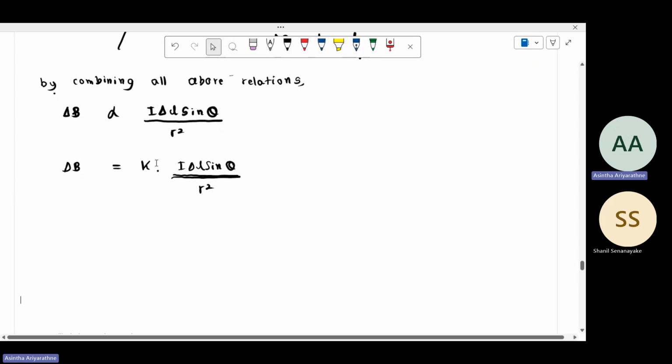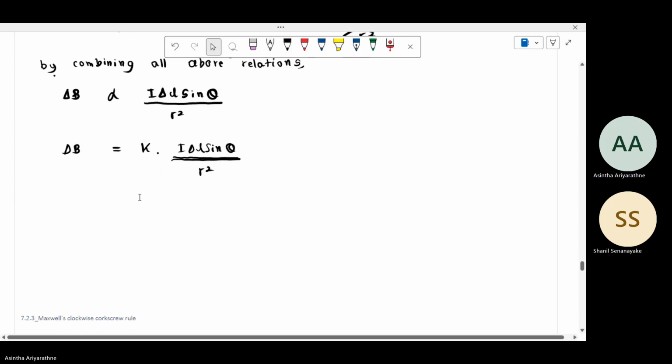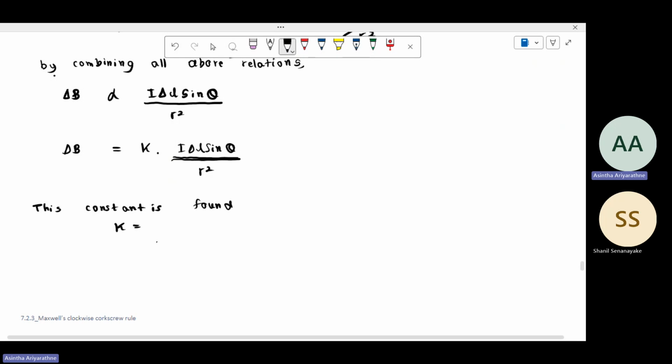So this constant is found using some advanced mathematics. It is found that K is equal to mu naught over 4 pi.